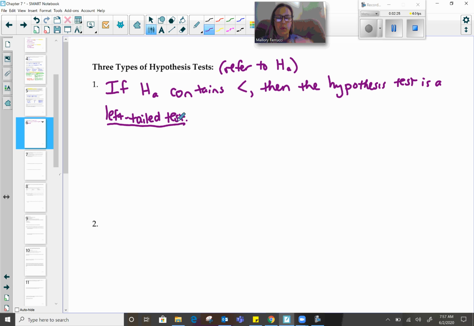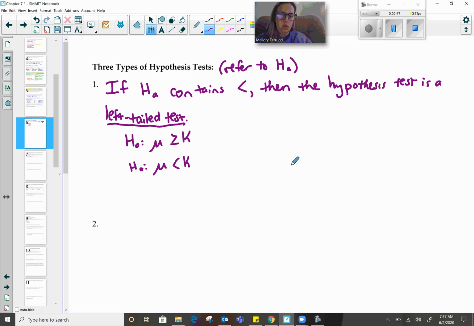It'll look something like this. If the alternative hypothesis has mu is less than k, then for the null, mu is greater than or equal to k.